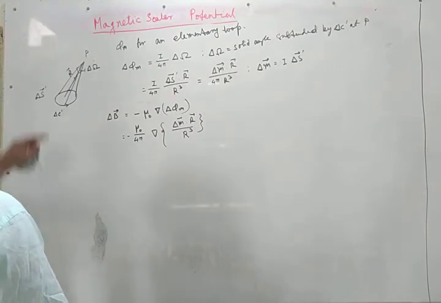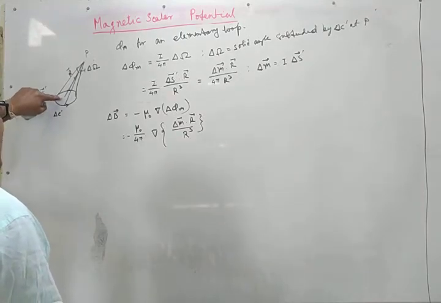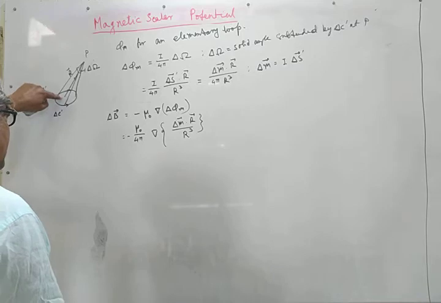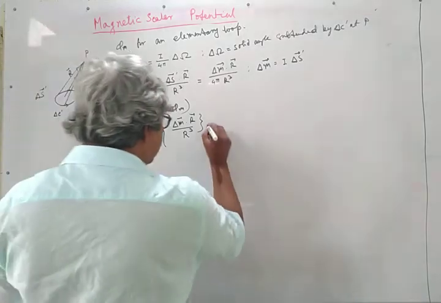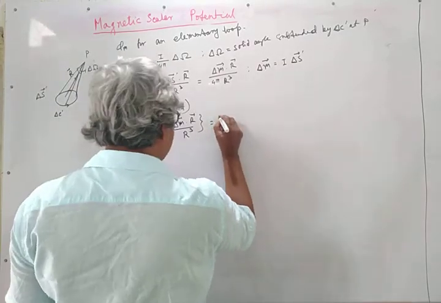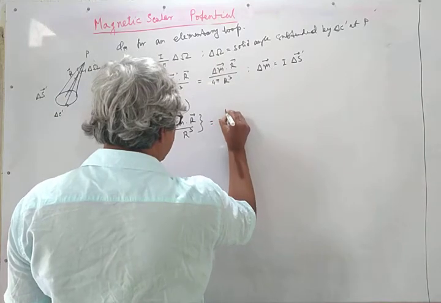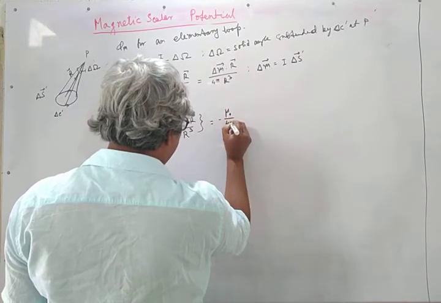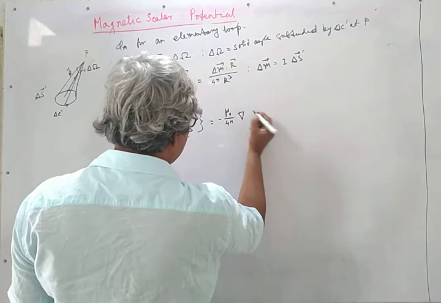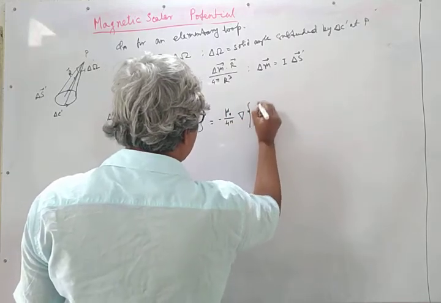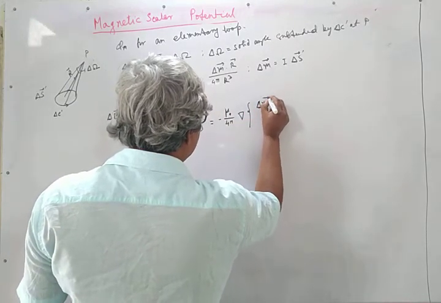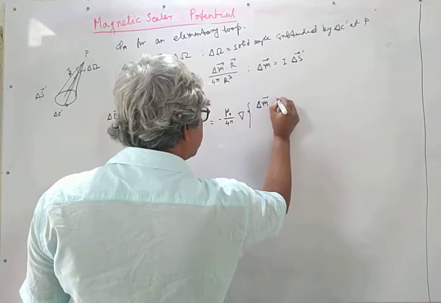If we consider the origin to be lying at the center, then this is equivalent to minus mu 0 upon 4 pi delta m cross small r.